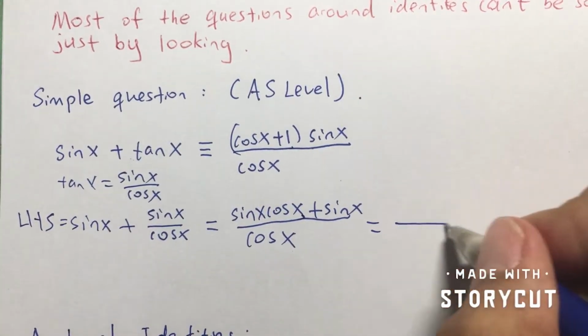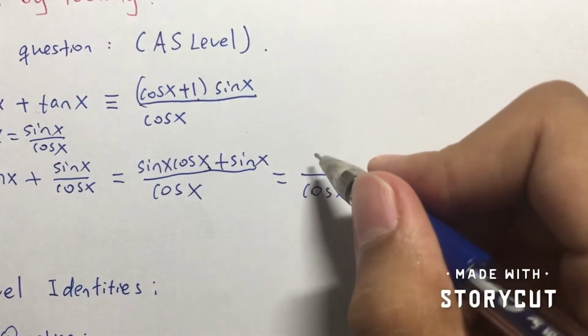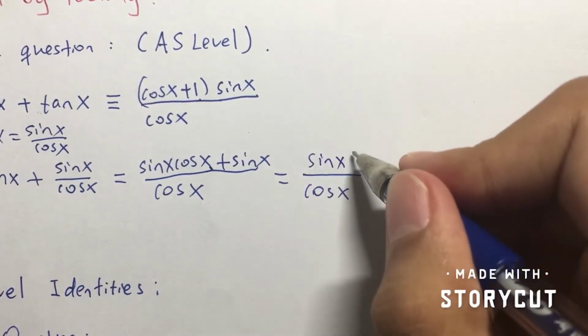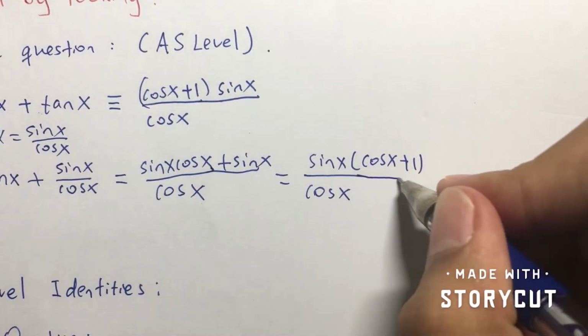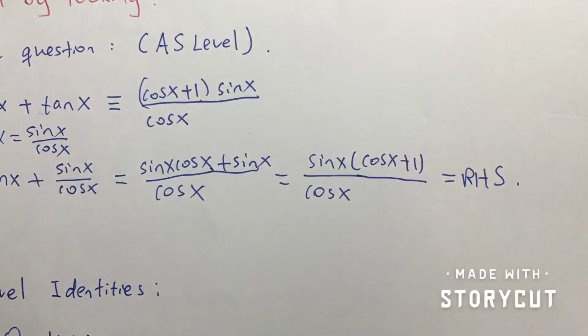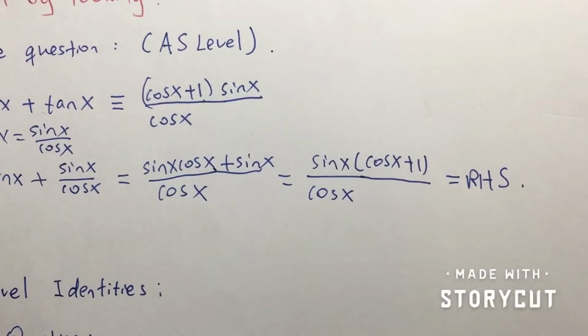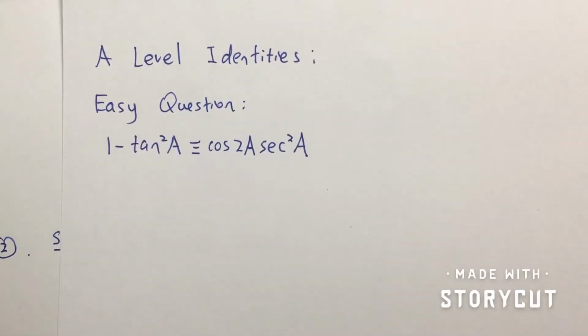And that is equal to sine x bracket cosine x plus 1 over cosine x, which is equal to the right hand side. And that is a very simple identity question. Now we are going to do some more complicated questions.